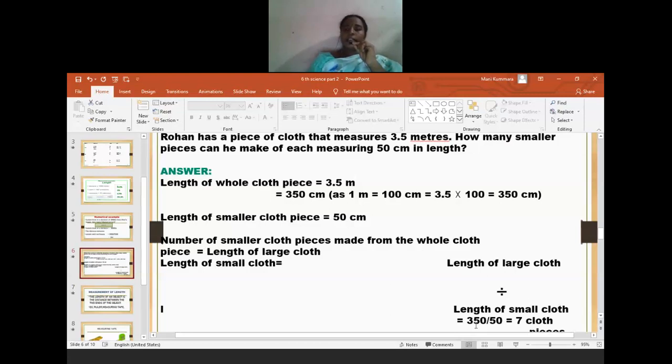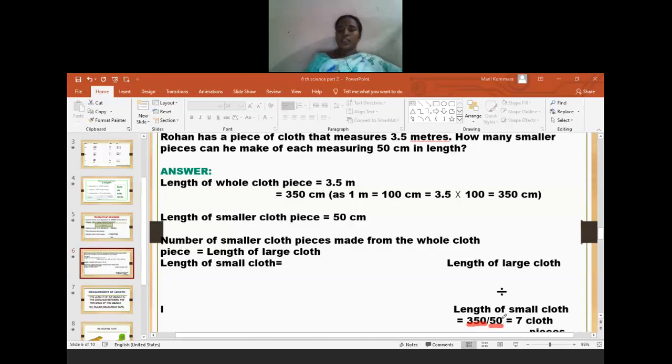The large cloth is 350 and the smaller cloth piece is 50.